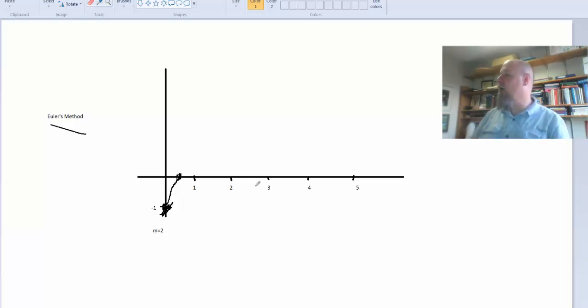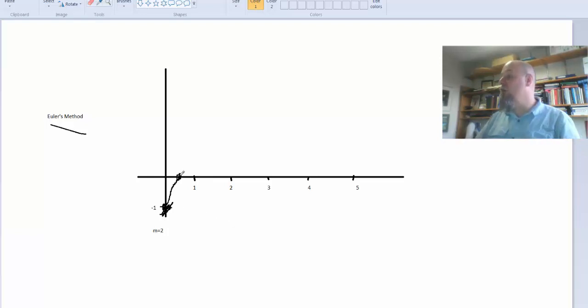So if I want to figure out what's the y value when x is equal to 3, with a step size of a half, I'm going to need 6 iterations of this method to get there. If I took a bigger step, maybe made h equal to 1, I can get there in 3 steps, but I give up accuracy. So in general, it's a compromise. Small steps take a lot of small steps to get to the desired answer, but it's more accurate. Big steps is faster, but not as accurate.